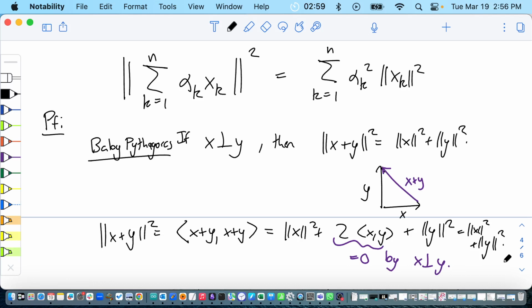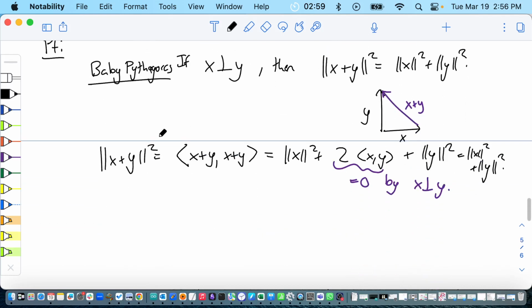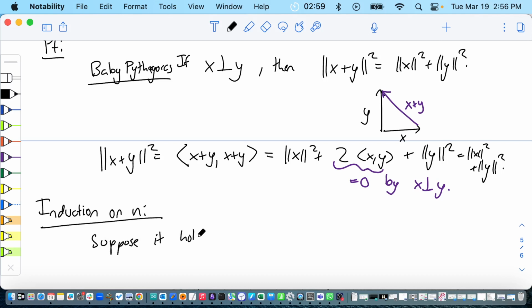Once you've proven baby Pythagoras, it's a quick, easy proof by induction to do this. So this is going to be the real Pythagoras. We're going to do induction on n. So suppose it holds for any combination of n vectors.